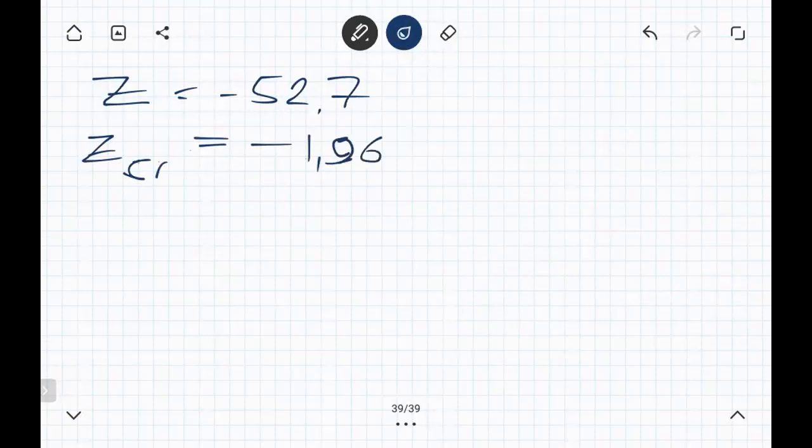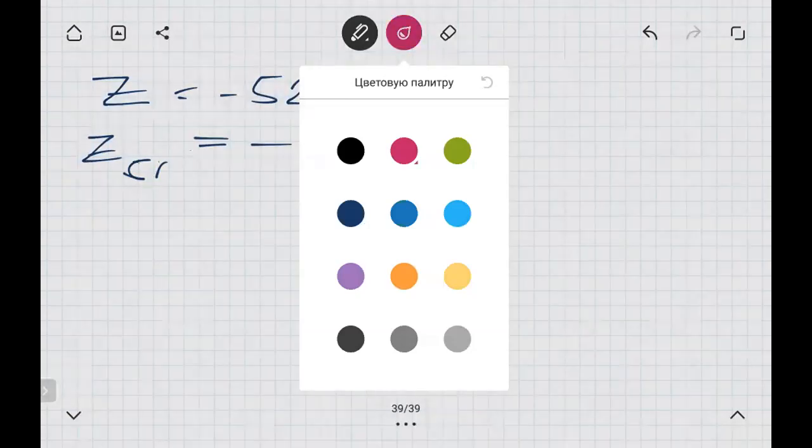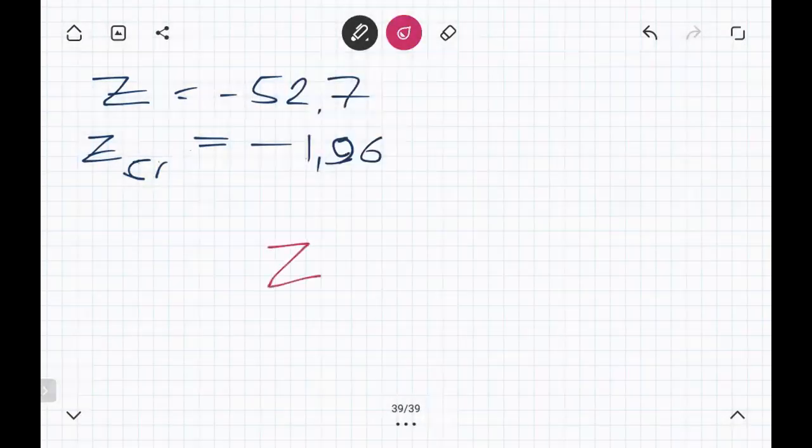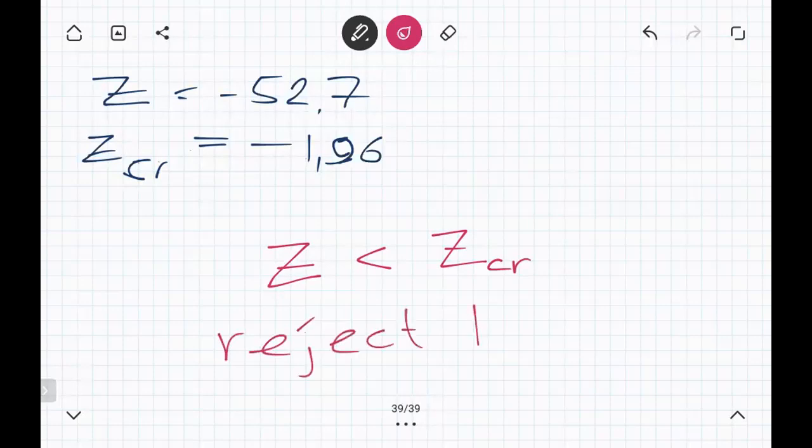And I see that my z is less than z critical. So what that means is that we reject our null hypothesis.